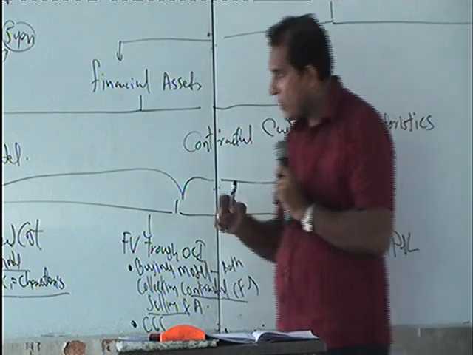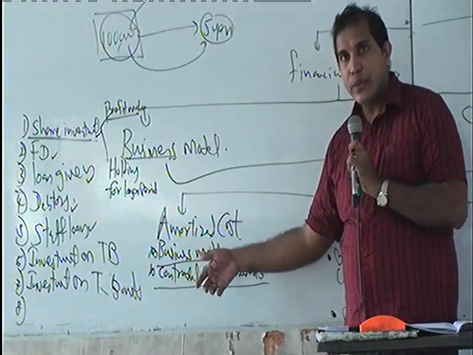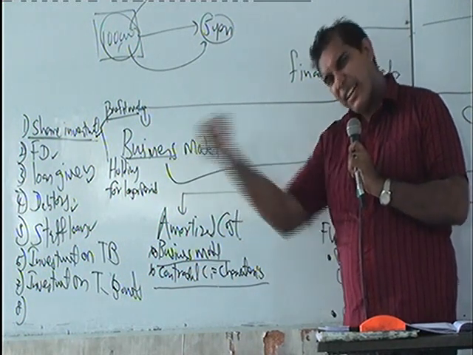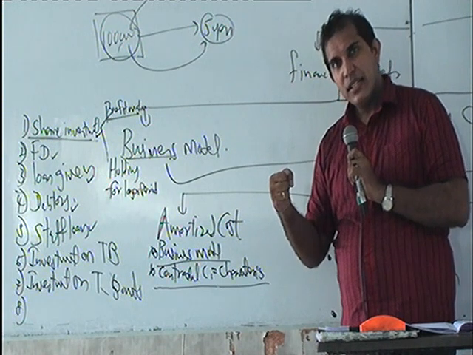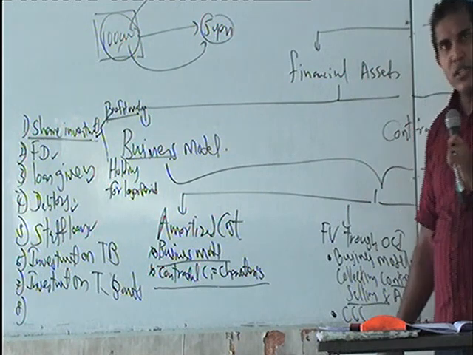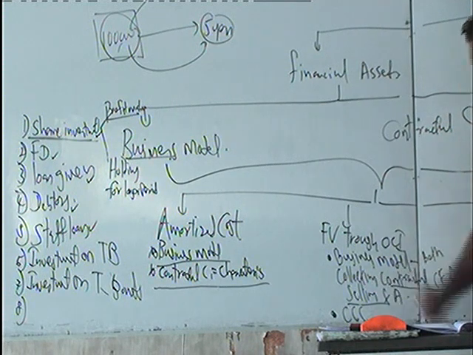I already told you, if it is difficult to keep until maturity and we have the intention to sell and recover money, then we cannot record under amortized cost. We need to record under fair value through OCI. That's why they have given two options.